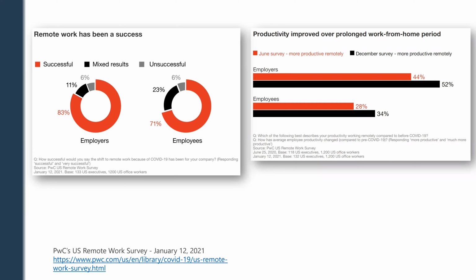In that first chart on the left, we're looking at has remote work been successful? A higher percentage of employers are saying it's been successful than employees. That's a little interesting to see. On the right-hand side, we see responses on whether productivity has improved. Again, employers are seeing things more positively than maybe even the employees.